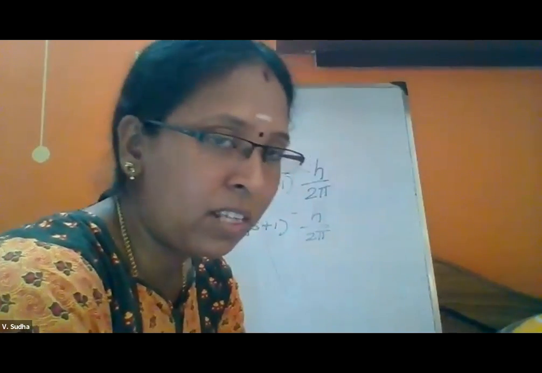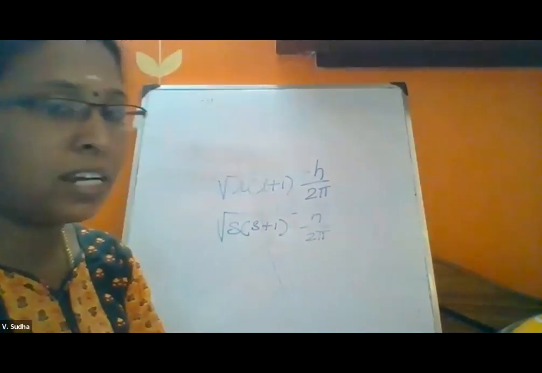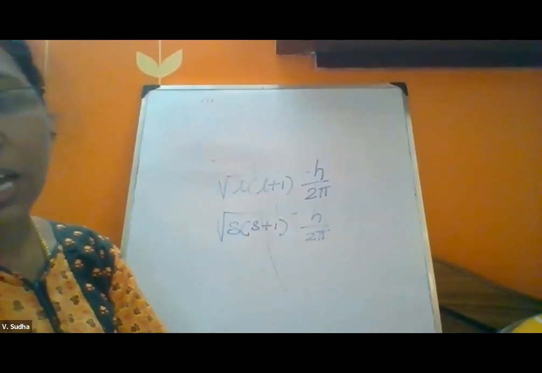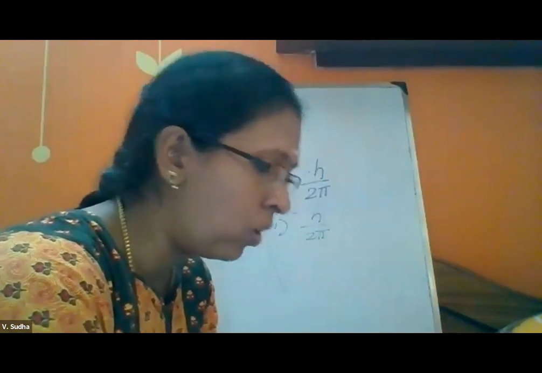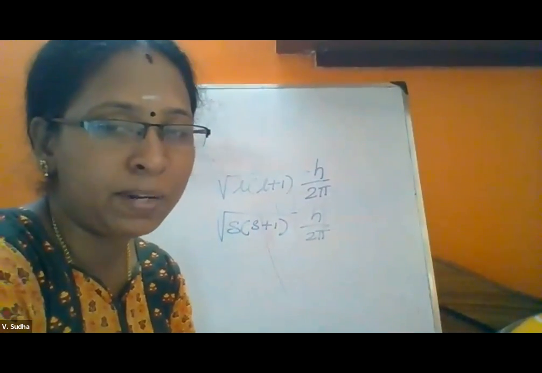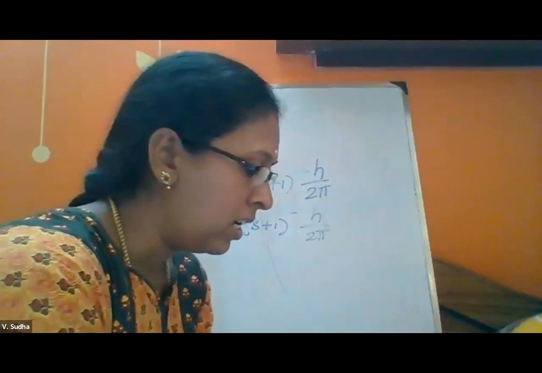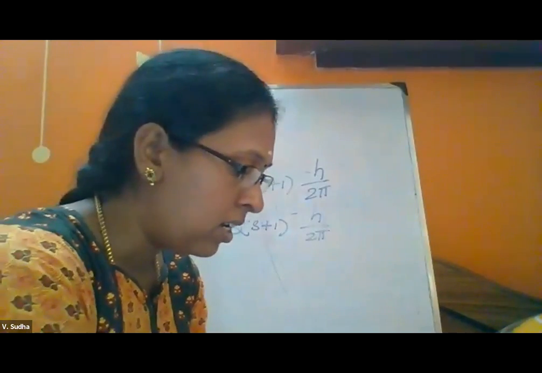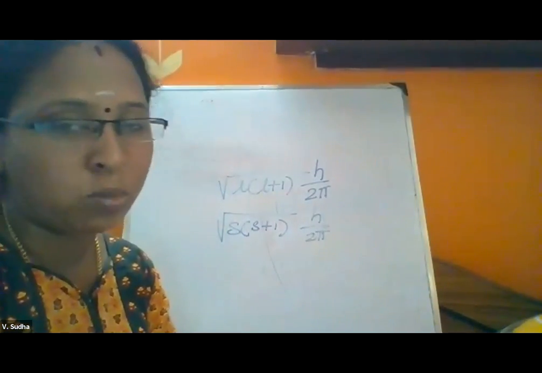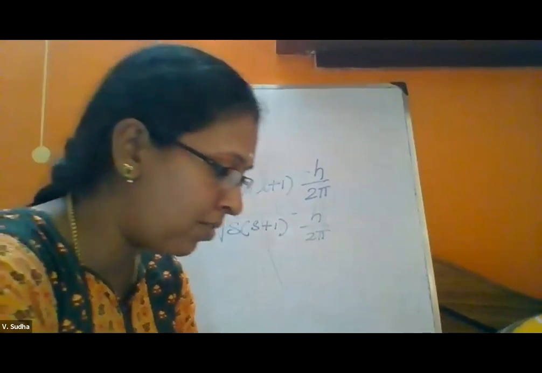Option B: The uncertainty principle is delta E into delta t, greater than or equal to h by 4 pi.